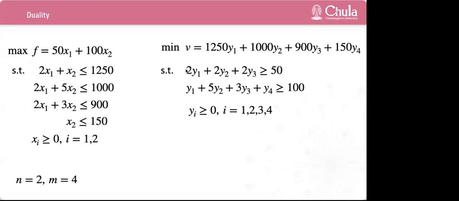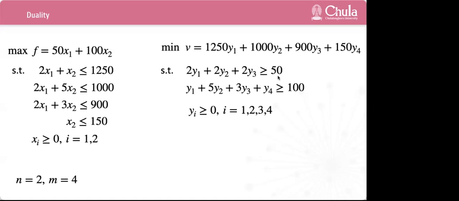In the dual, the first constraint becomes 2y1 extracted from this, 2y2 extracted from this, plus 2y3 extracted from this, and the sign of the relationship changes to greater or equal.